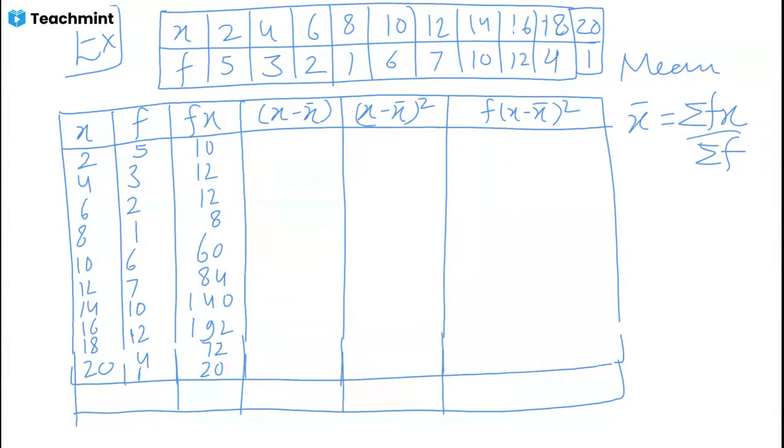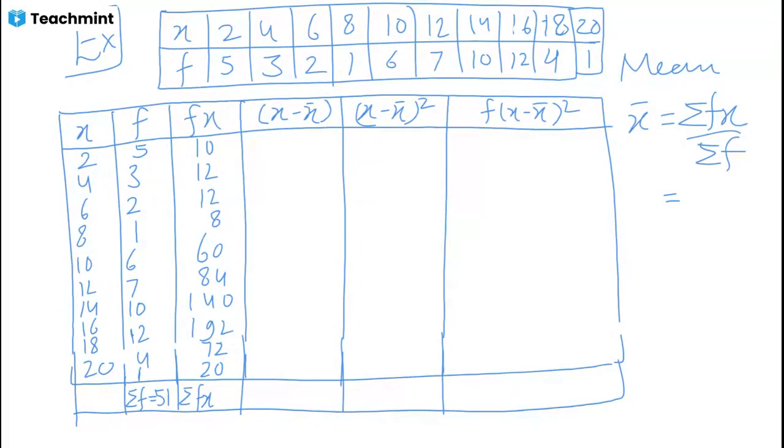So now let us find this summation fx and also summation f. By using calculator, we can do. So sum of frequency: 5 plus 3 plus 2 plus 1 plus 6 plus 7 plus 10 plus 12 plus 4 plus 1, and we have here 51.